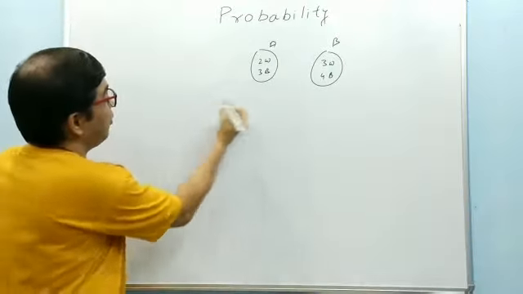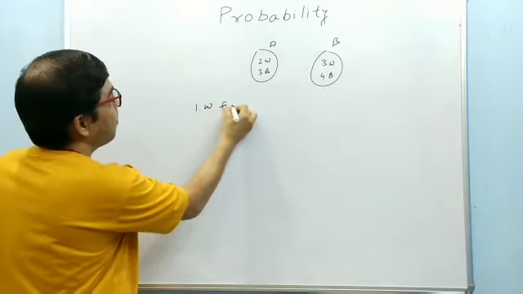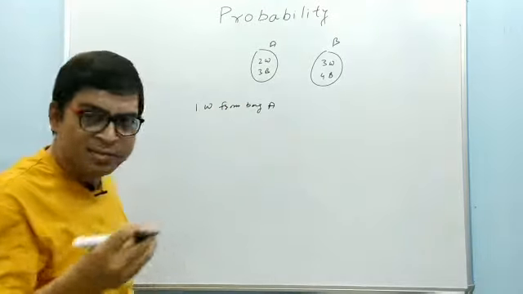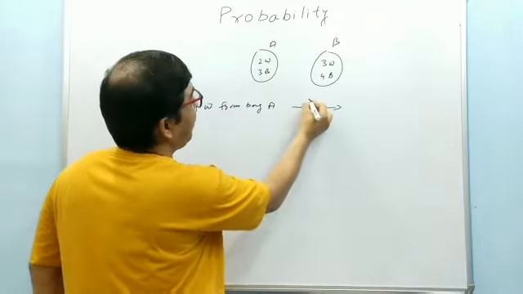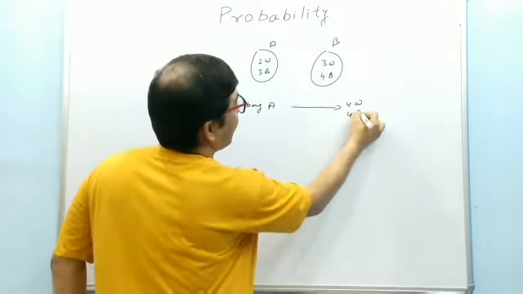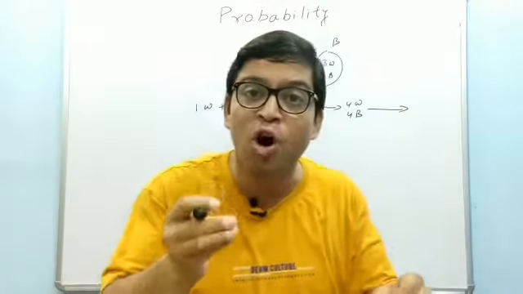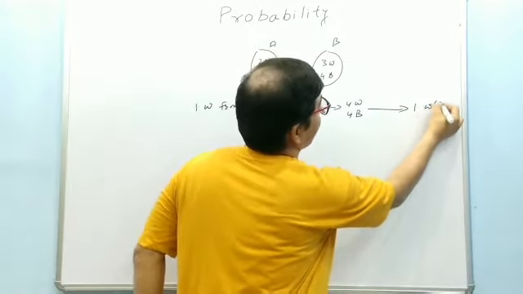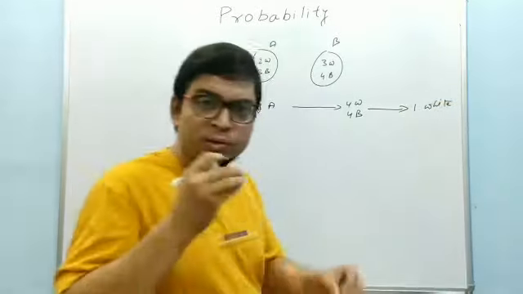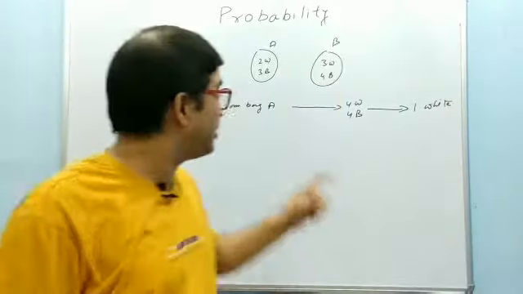One ball is transferred. It can be one white from bag A. White has been transferred. Now the combination here is becoming 4 white, 4 black. Now from bag number B I have to draw one white ball. So the probability is consisting of 3 events.